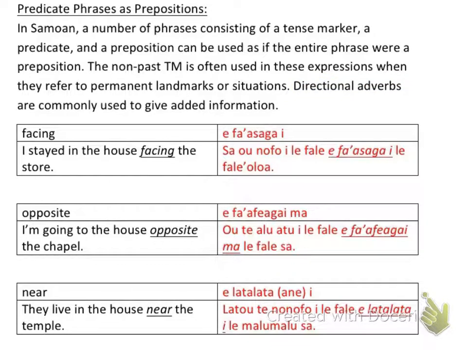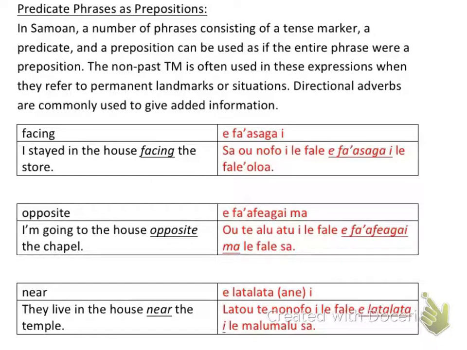So let's walk through some of these. The way that I say facing in Samoan, well, let's do the English example: I stayed in the house facing the store. That's the kind of facing that I'm talking about. In Samoan, the way that I say that is: sa o nofo i le fale e fa'asanga i le fale oloa. Okay?